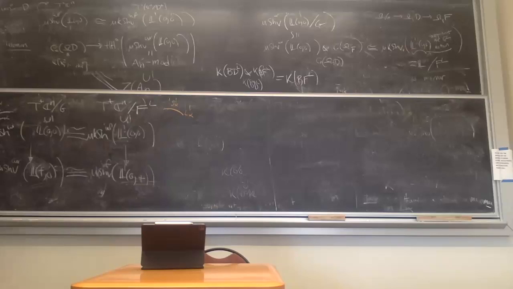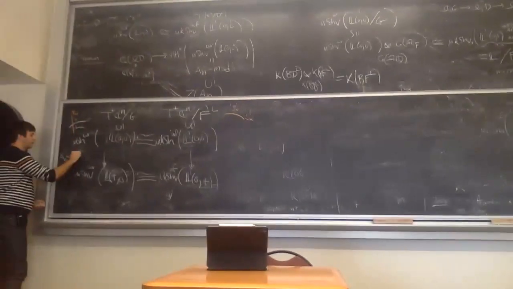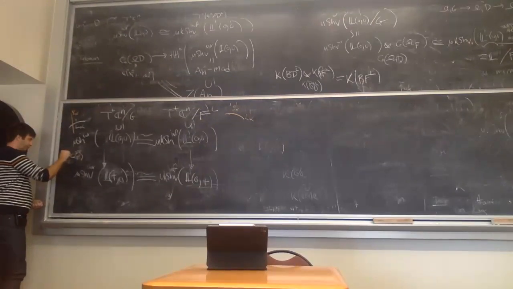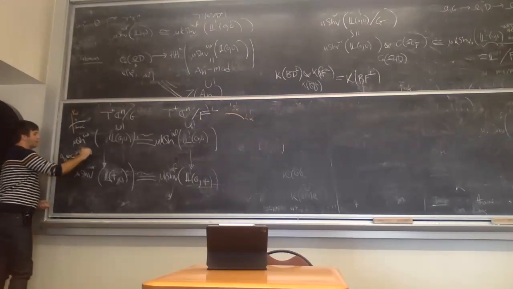And what I want to claim is that this is actually like a quotient functor. So this thing we wrote down is just modules over some algebra, which I was calling AN, and then I was tensoring it over these chains on D with chains on F. And then I was taking modules.